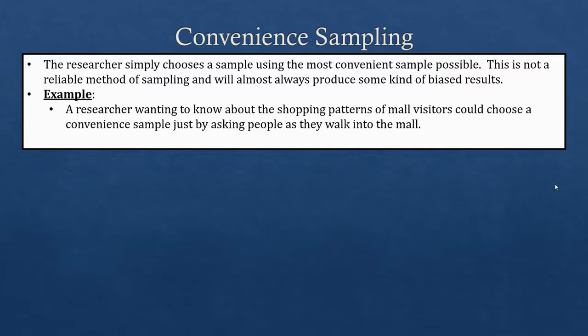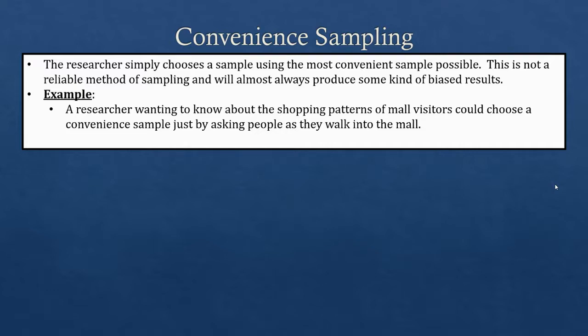Now, if you chose a random number to start with, say I randomly chose 7, if I start with the 7th person that walks into the mall in the morning, and then I ask every 10th person after that, now I've employed a systematic sampling technique, and I've introduced that randomness at the beginning, so everyone still had a fair chance to be selected. But simply asking people as they come in, there's nothing random involved, so the results aren't going to be truly representative.